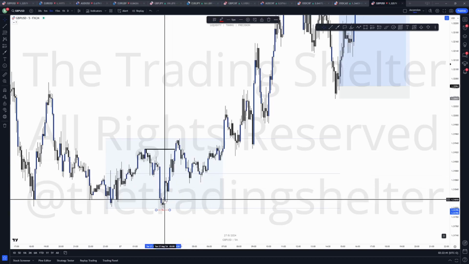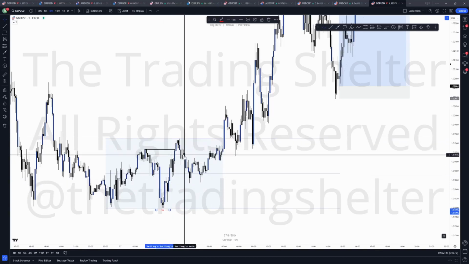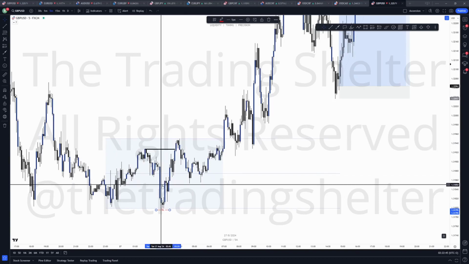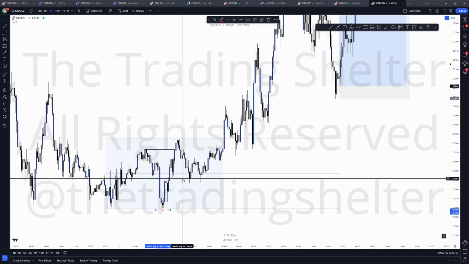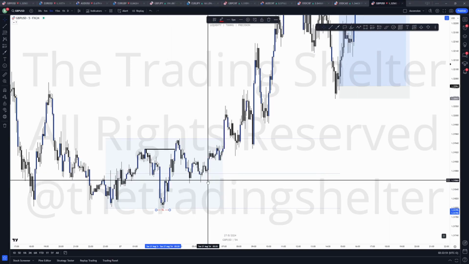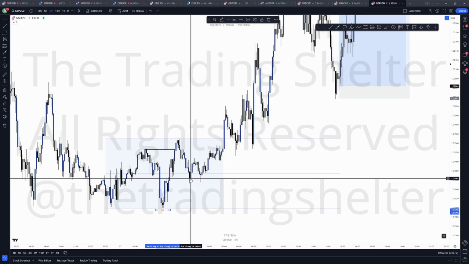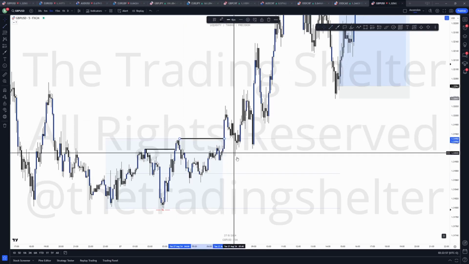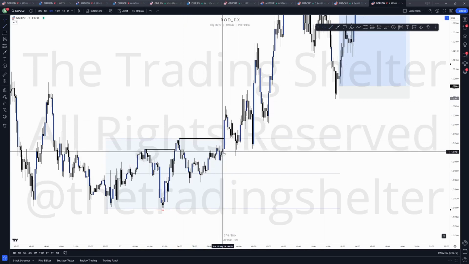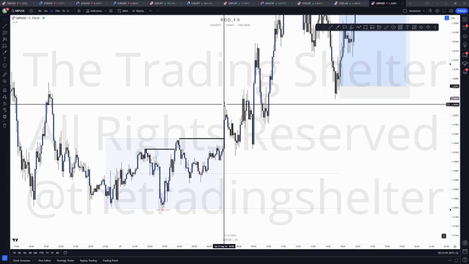Now let's continue. Price comes back, doesn't retest a zone, so that's not really a valid break and retest, so let's ignore that. And now we have also a new breakout area. Clear engulfing candle.